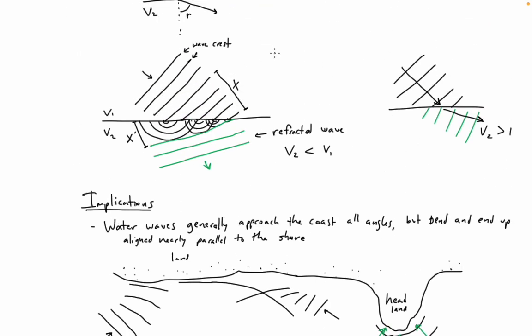And so that's this illustration here, right? You can see it kind of curving upward because, and I should have written V1, because the velocity is increasing as you go down.